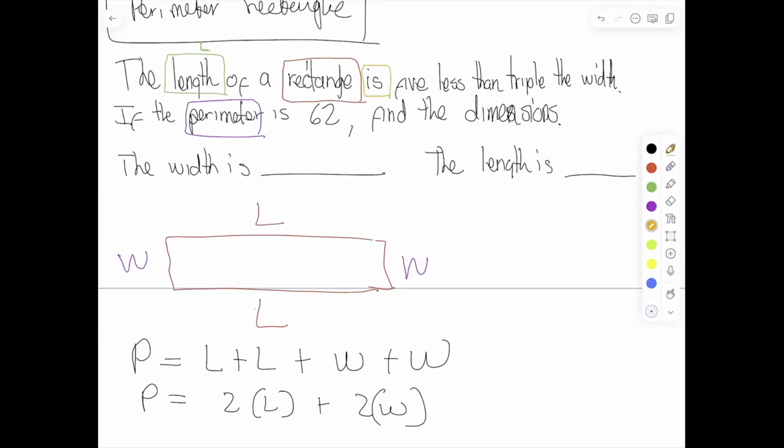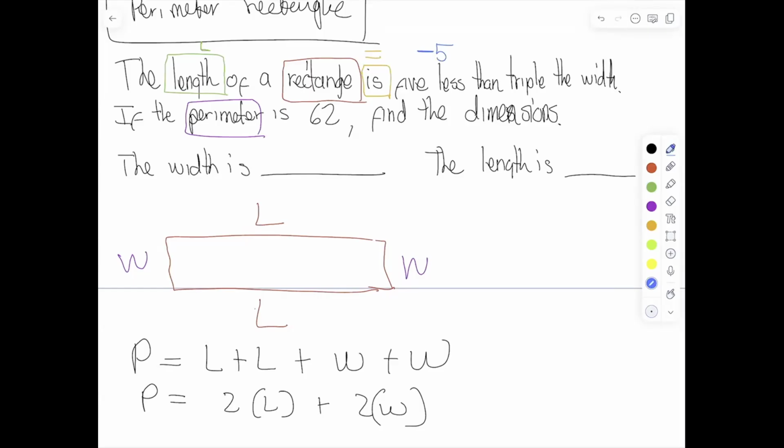Is, this is an equal sign. So the length is equal to, what is 5 less than something? Well, 5 is here. 5 less than something, correct? 5 less than what?